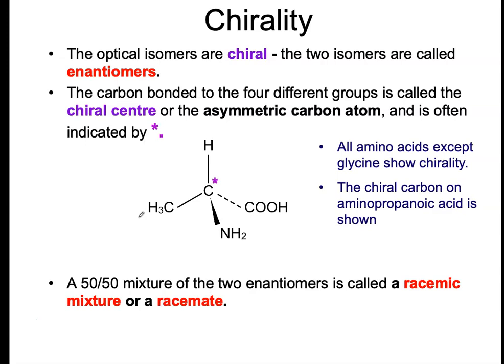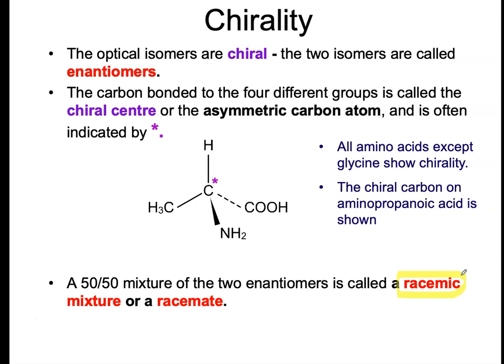Now I want to introduce you to a new term, a racemic mixture or a racemate. In a chemical process, when we are making these isomers, because we can make these synthetically in the lab, if the two isomers are in 50-50 proportion, then we will say the mixture is optically inactive.